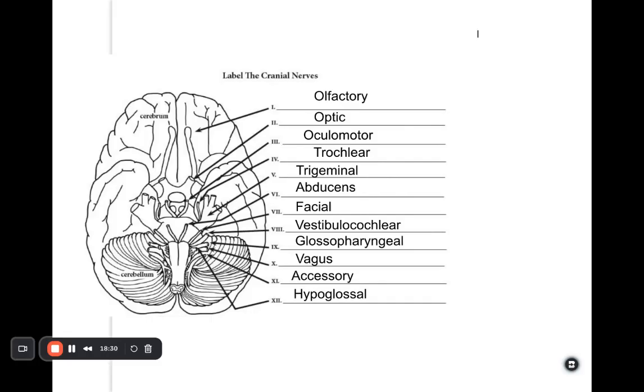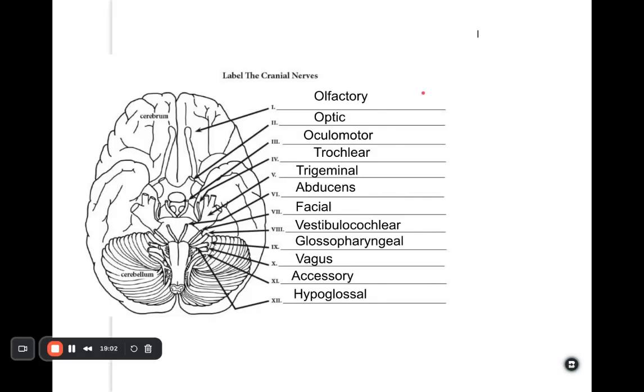If you find a different mnemonic that you like better, I have a little artwork video that I like to use to help me remember what they are, as well as what they do. So again, there's lots of mnemonics to help remember which ones are sensory, which ones are motor, which ones are both. So there's a mnemonic that goes, some say marry money, but my brother says being beautiful matters more.